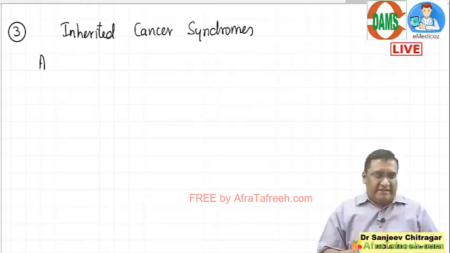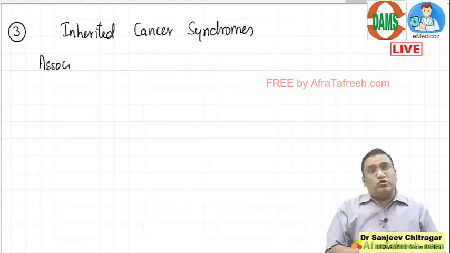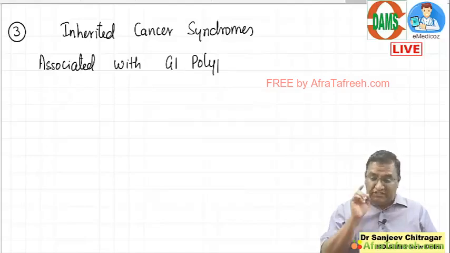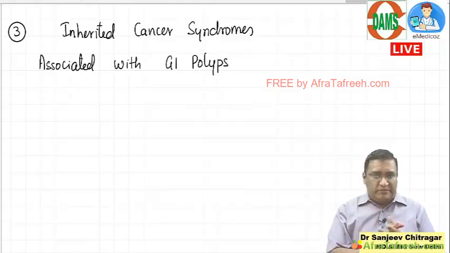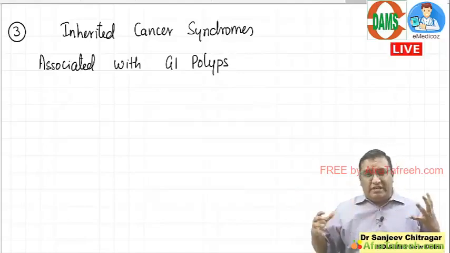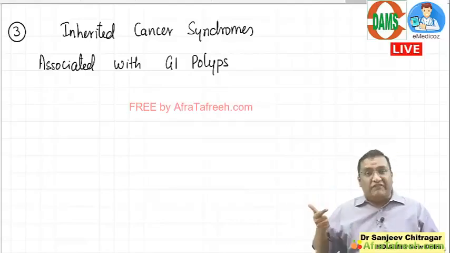For inherited cancer syndromes, the first one, I will look at one keyword associated with GI polyps. Many inherited cancer syndromes have GI polyps. With any GI polyp, there can be bleeding, which can manifest as iron deficiency anemia.